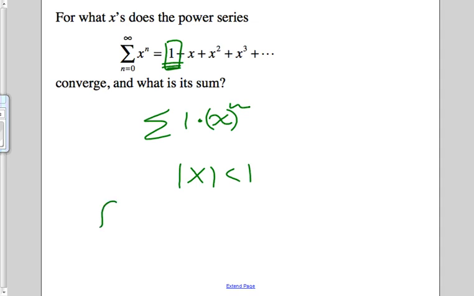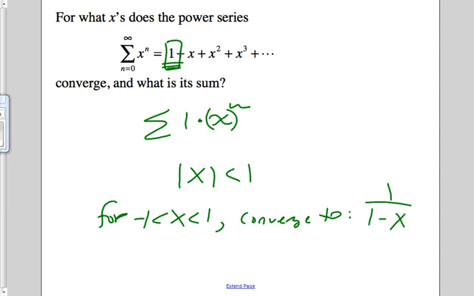So as long as x is between 1 and -1, the series is going to converge to 1, because that's my initial value, over 1 minus x. So now I know what that infinite series converges to, given a domain restriction on x.